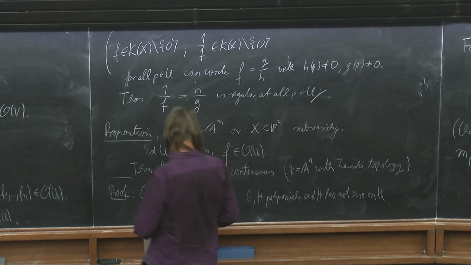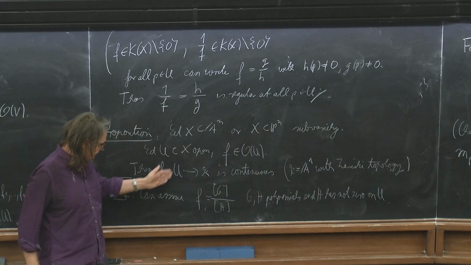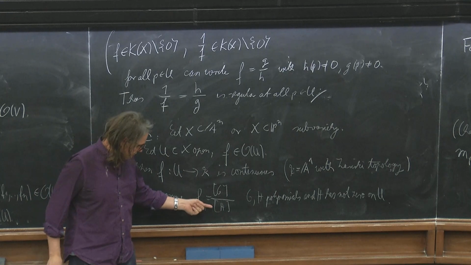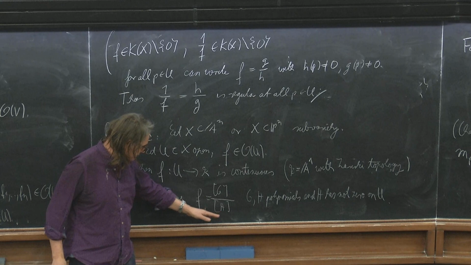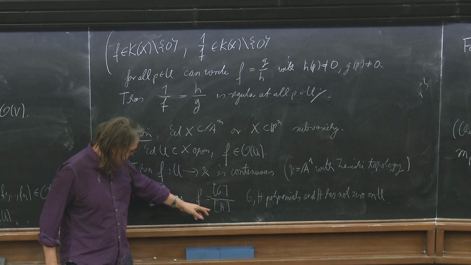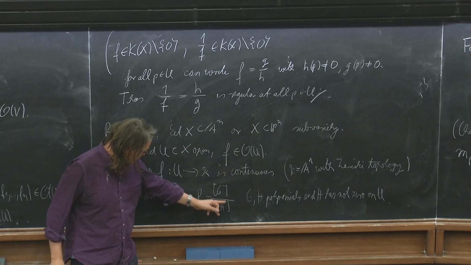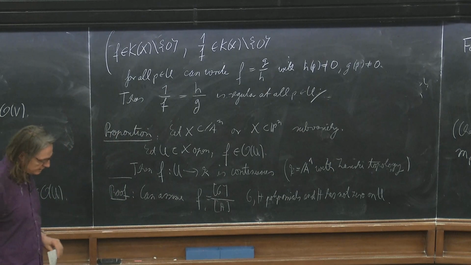Otherwise for any point we find such a representation such that h(P) is non-zero, then on the complement of the zero set of h, we can write it like this.